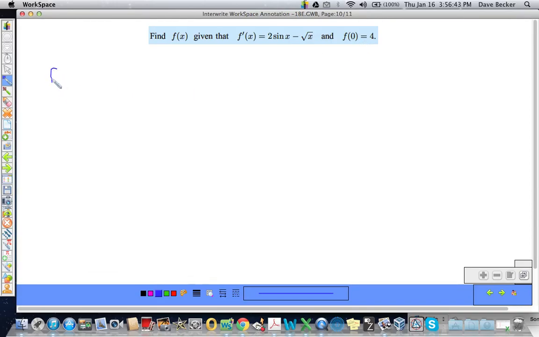So I know that f of x is equal to the integral of 2 sine x minus, and I'm going to right away write that as x to the 1/2 power. Put in my parens dx, and I'm going to integrate. Okay, so that is going to equal, the integral of sine is negative cosine, so that would be, oops, I forgot the x, didn't I? Sine x.